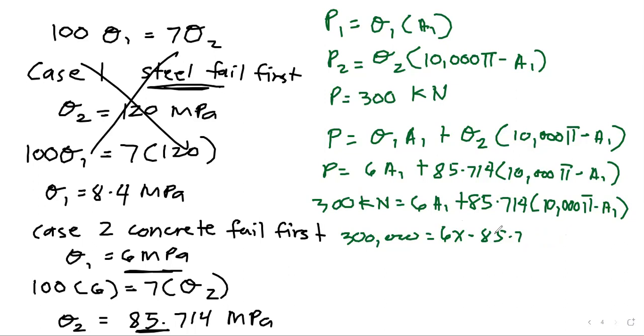So, ayan. 26924. Okay, tama lang. Kinonvert ko siya para maging newton, para maging mm. Sige, 26924 times negative 1, shift store.